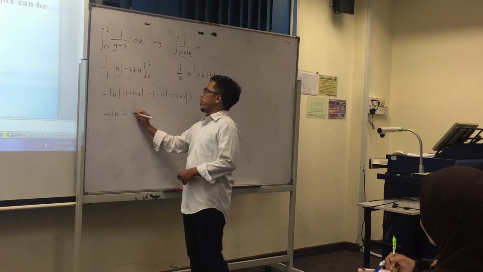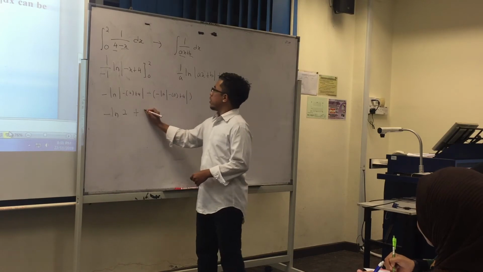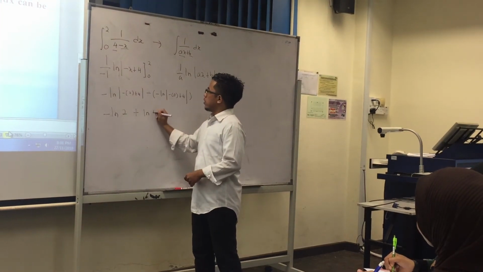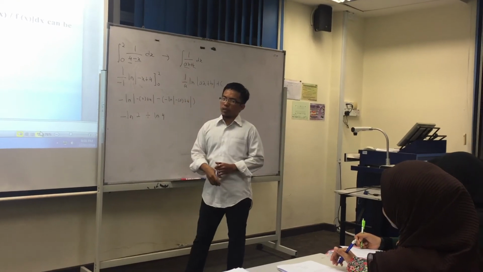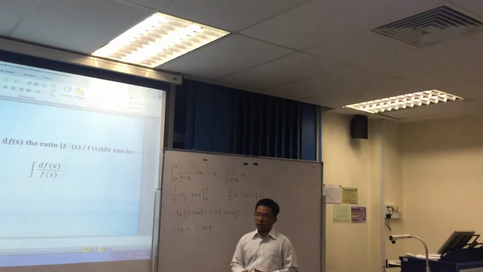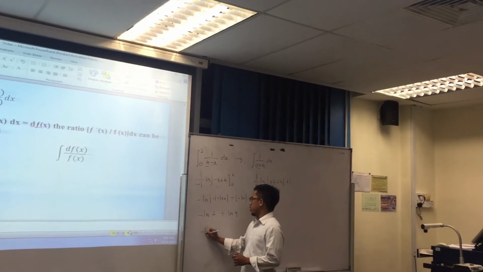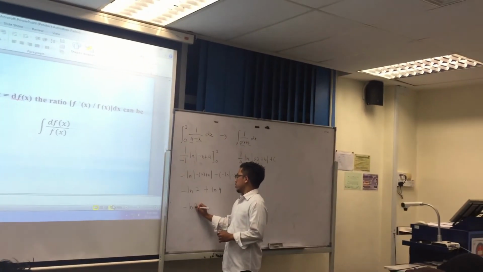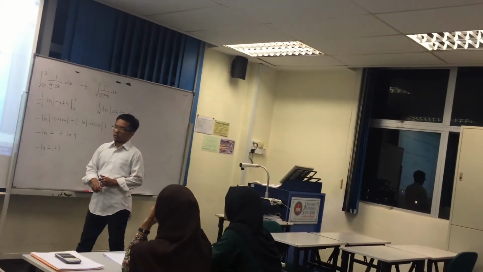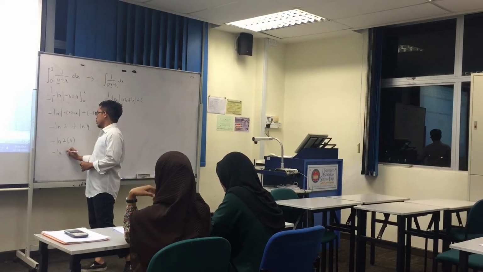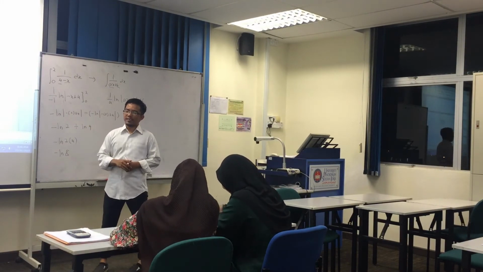Negative negative we have positive ln 4. Based on the rule of ln, where we have negative ln 2 times 4. Okay, so we get... okay. That's all for the quiz.